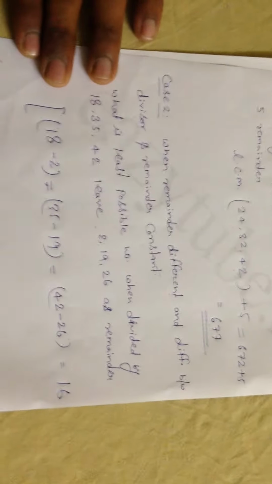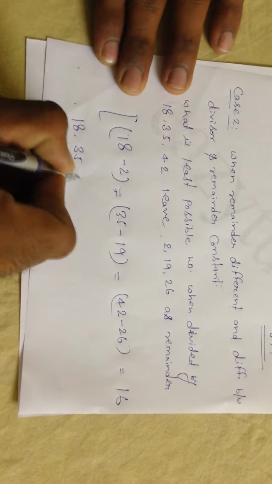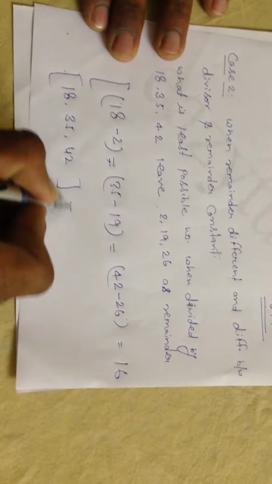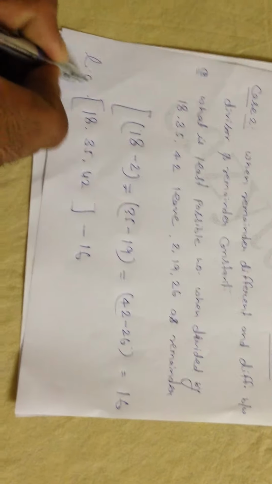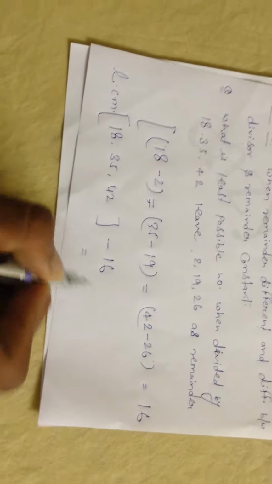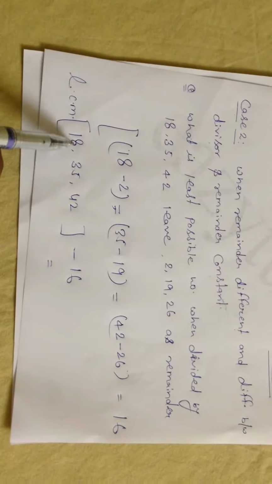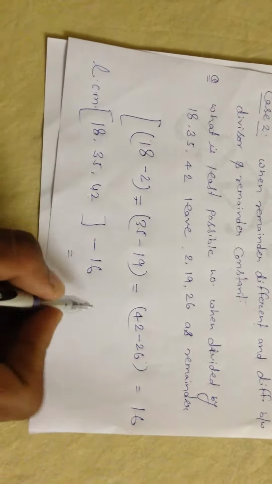So if I take the LCM of 18, 35 and 42 and subtract 16 from the LCM of 18, 35 and 42, it will give the least possible number which, when we divide by 18, 35 and 42, will leave the remainders 2, 19 and 26.